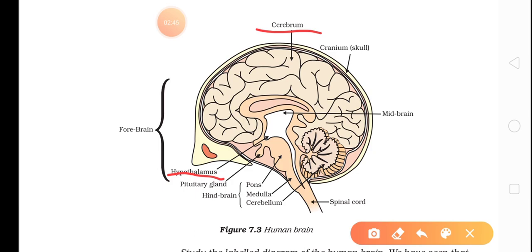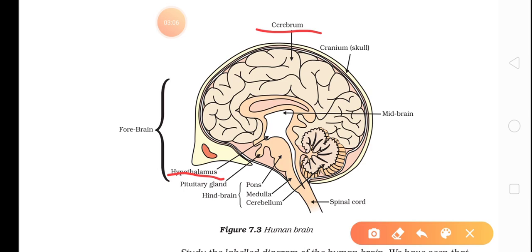The cerebrum is that area where all the calculation happens and all the nerves from the sensory regions come into this area.